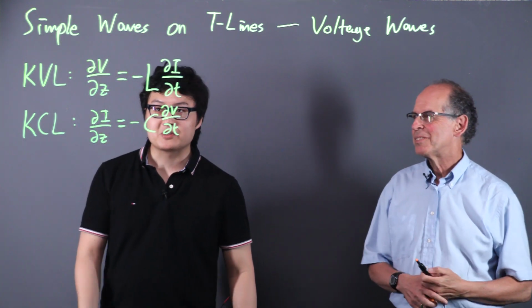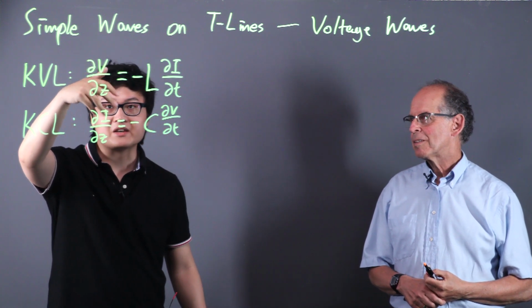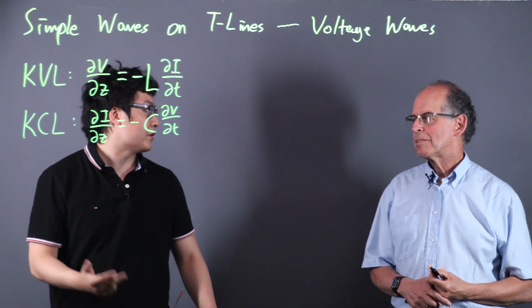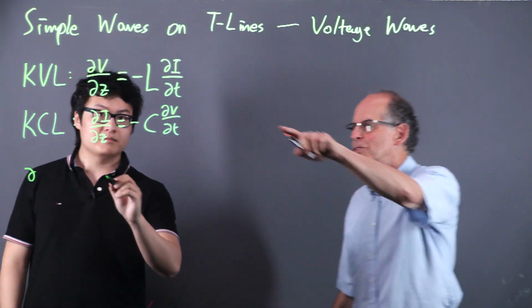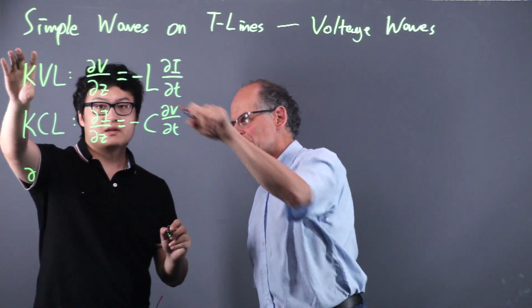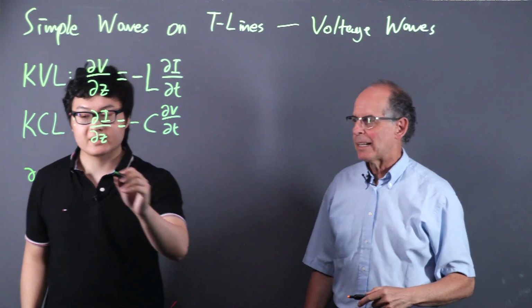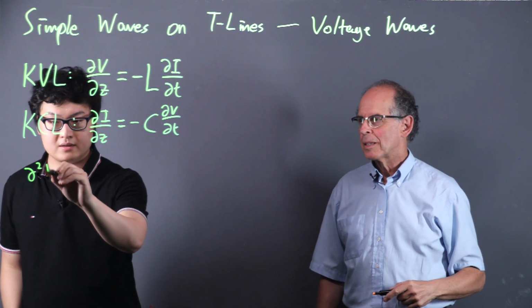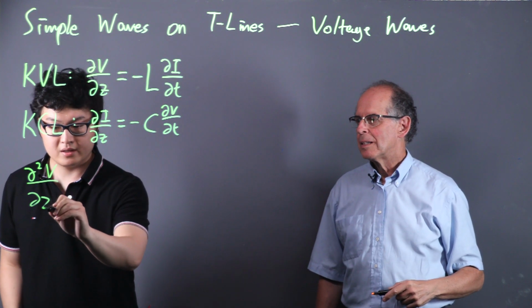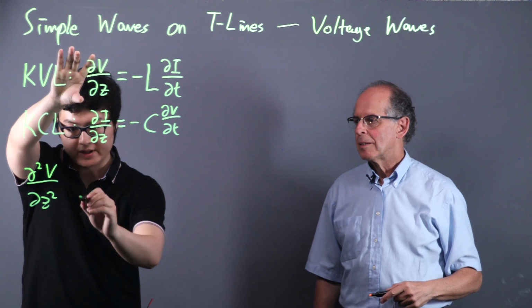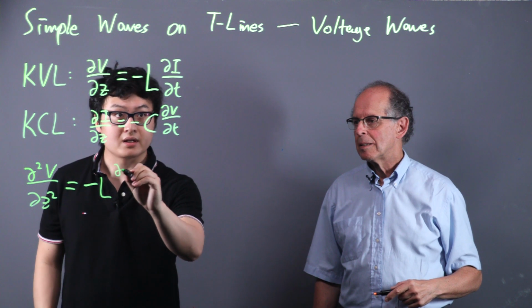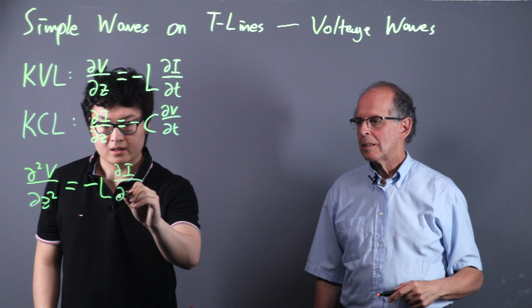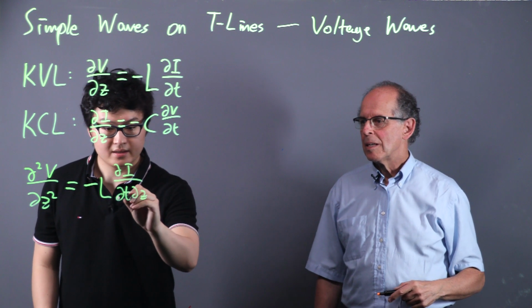Okay. So if we want voltage, let's see if we can take a second order derivative and get anything out of this. So you're going to differentiate KVL with respect to z, right? Yes, let's do that. So the second order derivative of this is equal to negative L di dt dz.